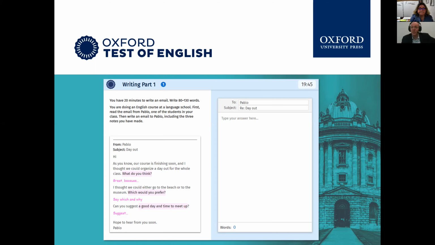That's the number of words that you've written. So the system counts the words for you. You don't need to count the words like you do with a pen and paper exam. Okay. And you write your answer here to Pablo's email. Okay. And because you're using a keyboard, well, if you have terrible handwriting, I have terrible handwriting.